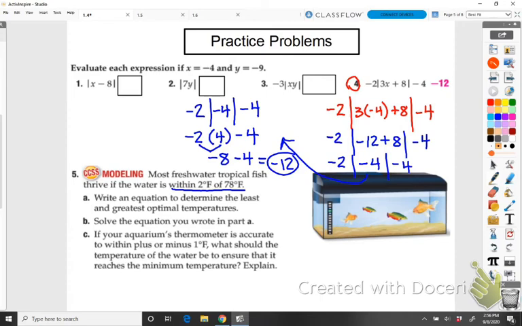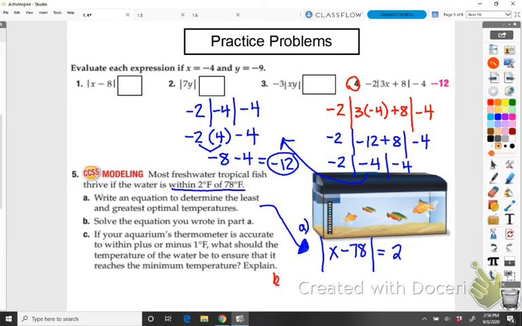Solve the equation you wrote in part A. So we can kind of do that without the absolute value equations, but let's practice. So within 2 degrees, that is your distance. So that's going to be what it's equal to, plus or minus 2. And inside is the target temperature, x minus 78. So that's the equation.